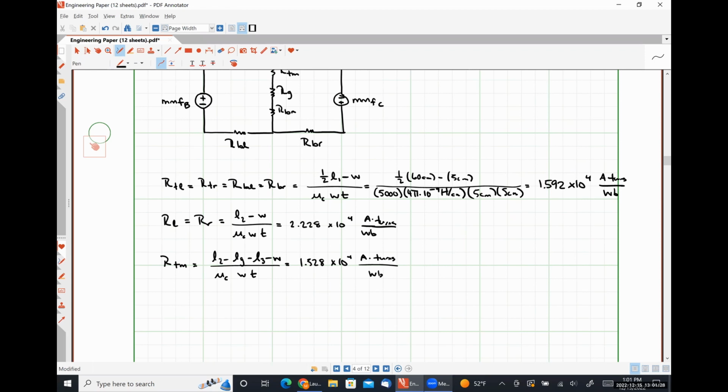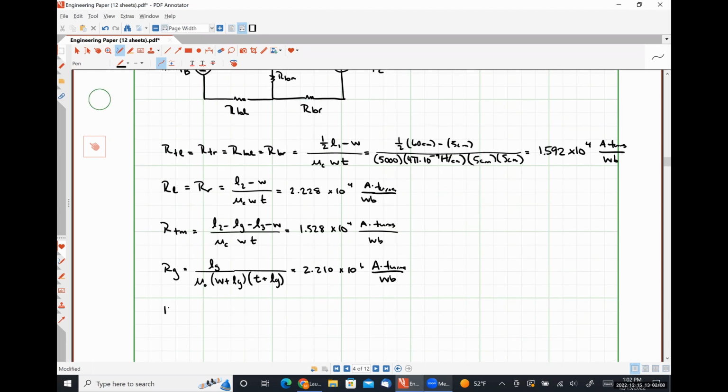Then we have our gap. RG is going to look like LG over mu naught times W plus LG times T plus LG. That comes out to 2.210 times 10 to the 6 amp turns per Weber.